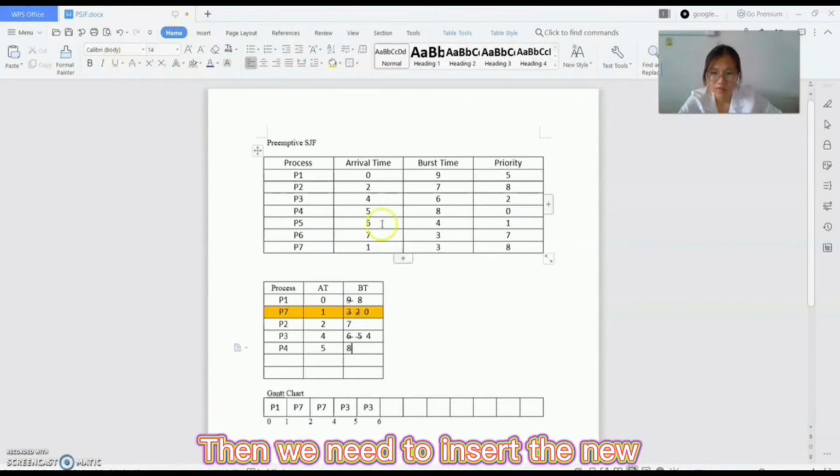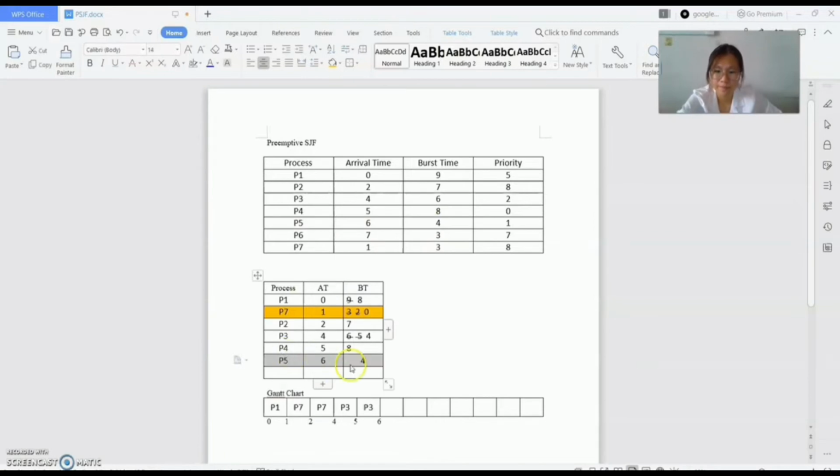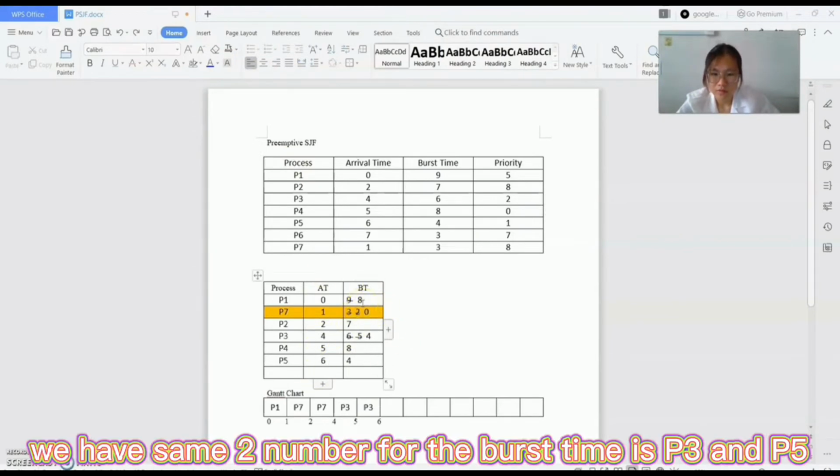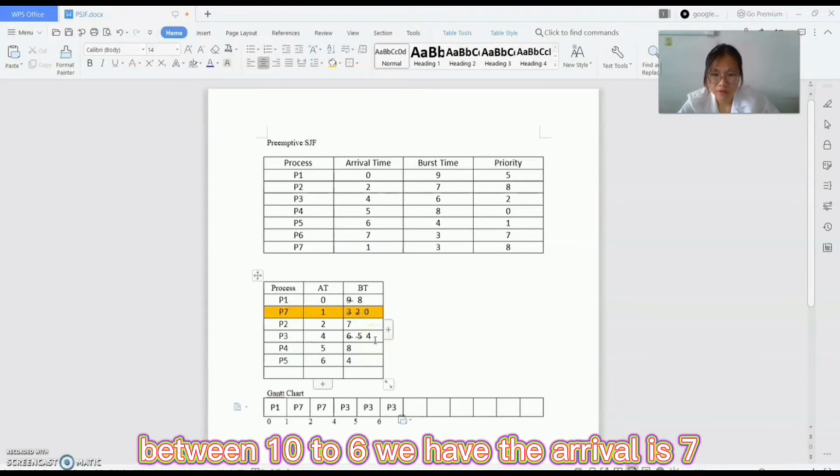Then we need to insert the new process, P5, into the column. For these 5 processes, we compare the burst times of P3 and P5. P3 will be selected. 6 plus 1 is 7. Between 6 to 7, we have the arrival time is 7.